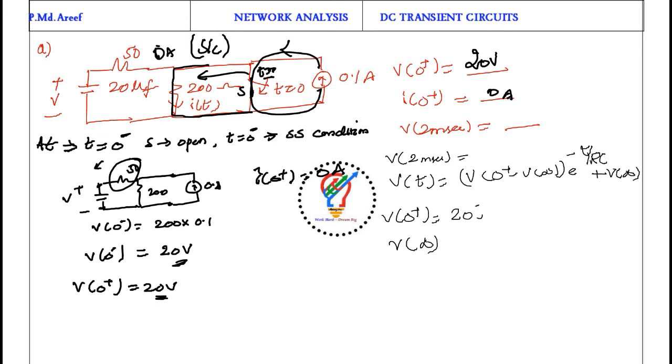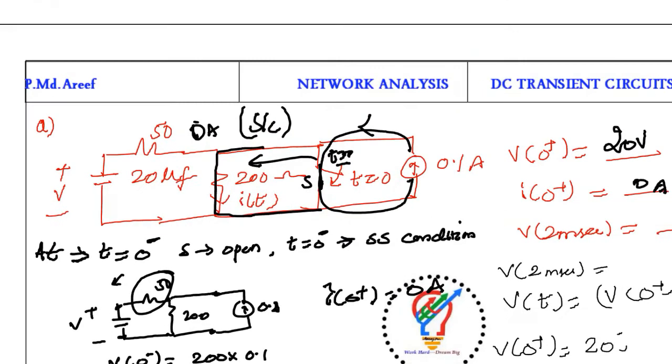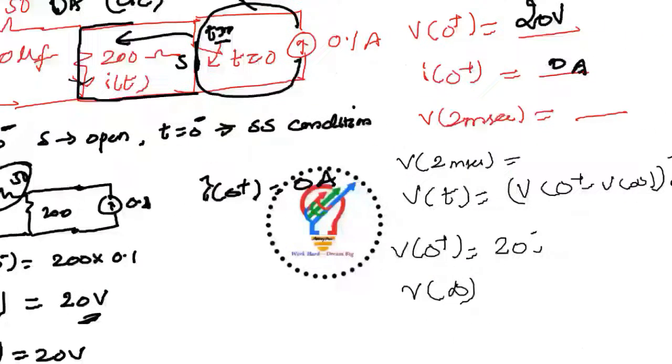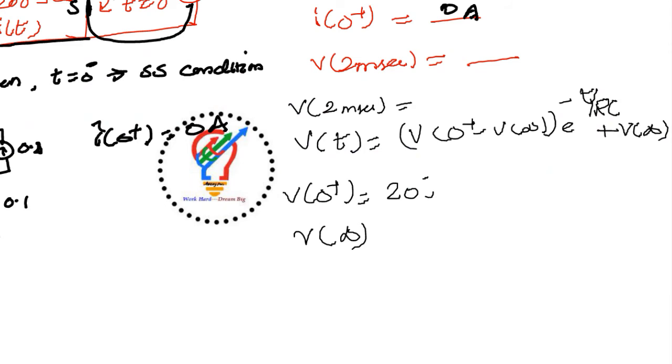Once the switch is closed here, the entire current flows like this only. So the current here is going to be 0. And what about the capacitor? The capacitor is going to be a source free circuit, so V of infinity is going to be 0 volts.